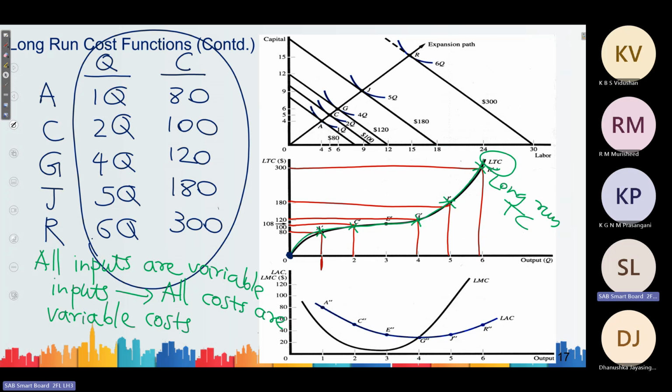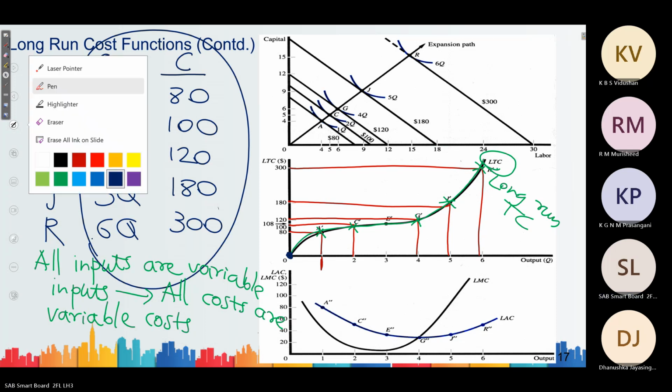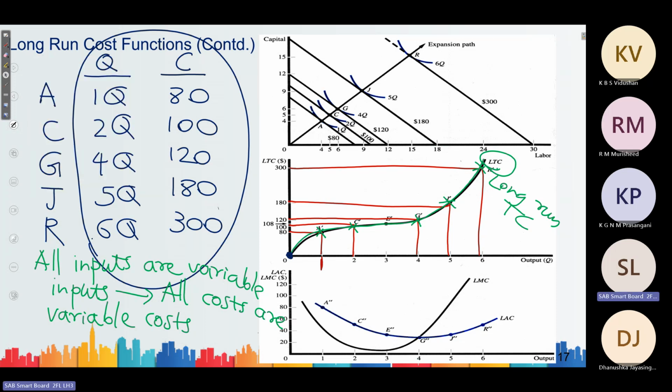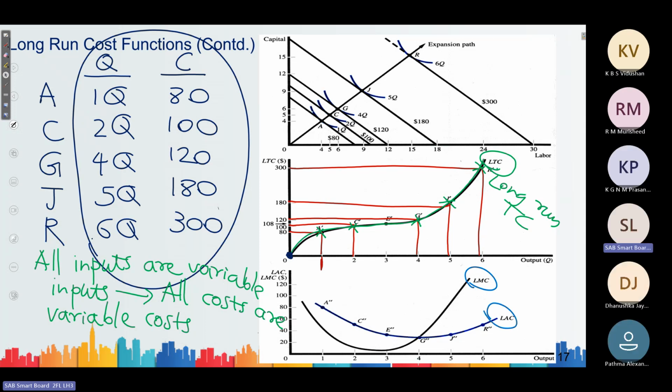Based on this long run total cost curve, we can derive the long run marginal cost curve and the long run average cost curve. Both curves take U shapes.